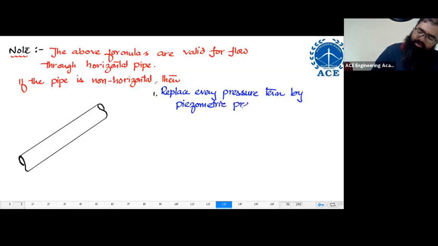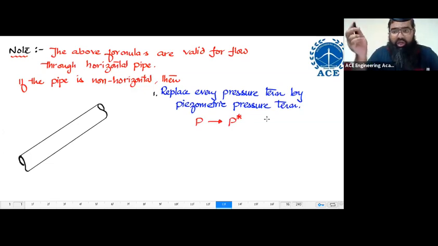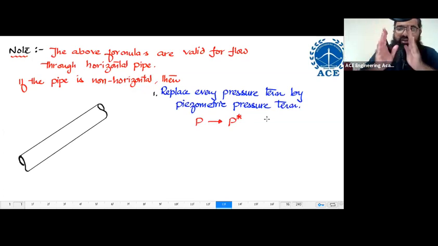So wherever you are having pressure, the term will now become piezometric pressure. Wherever you saw P, you are going to now say P is not there, P star is there, because datum is differing. Along with pressure, you have to bring in datum's effect also. So along with static pressure, datum's pressure also, P plus rho g z will come. That is basically P star.